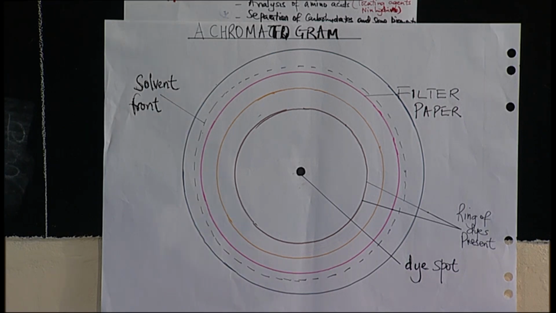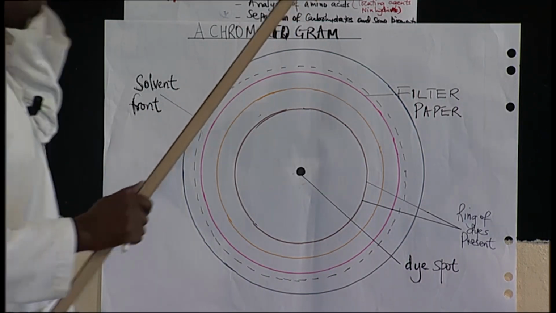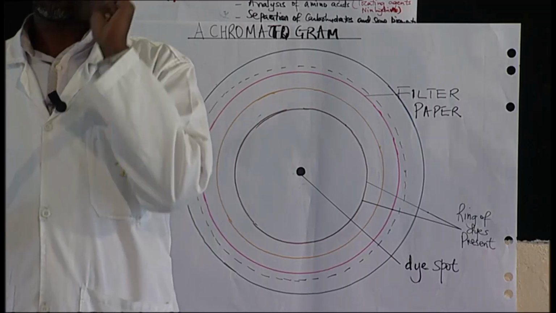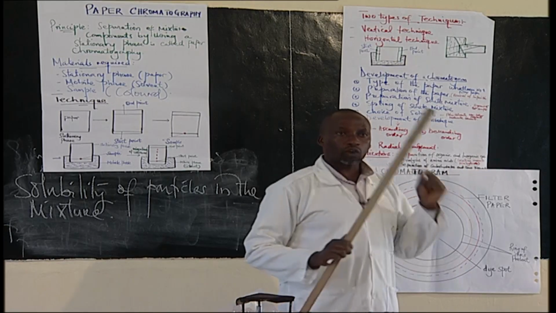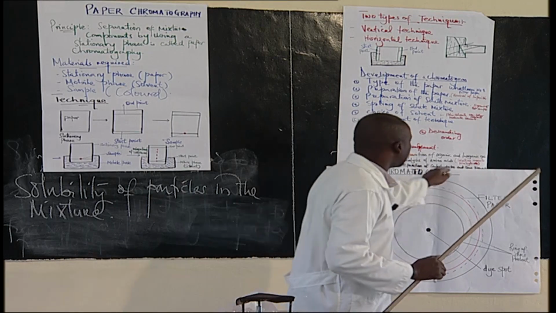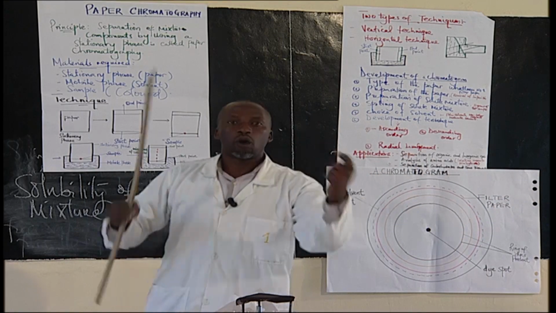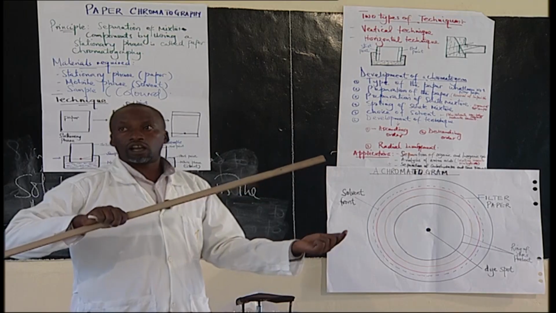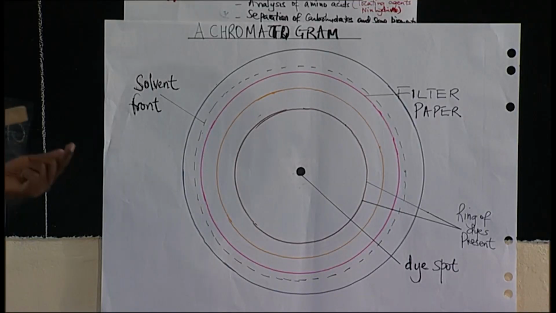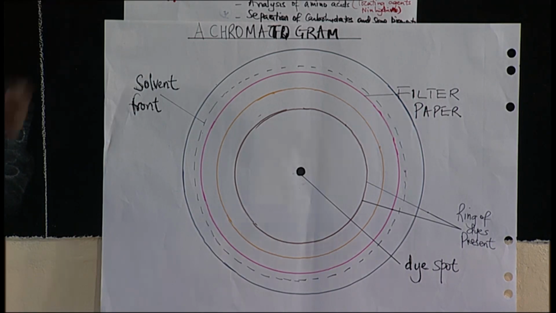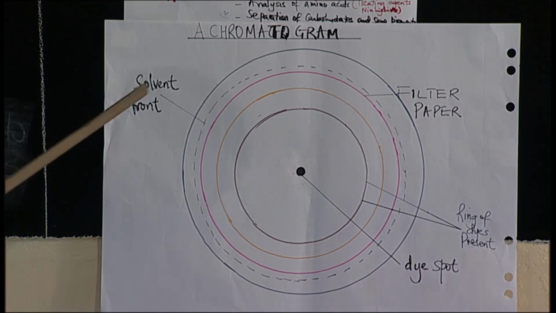Amino acids are colorless substances, so we need what we call a locating agent. The locating agent in this case will be ninhydrin, so it will turn the amino acids into colored substances, and so that they can be easily separated.